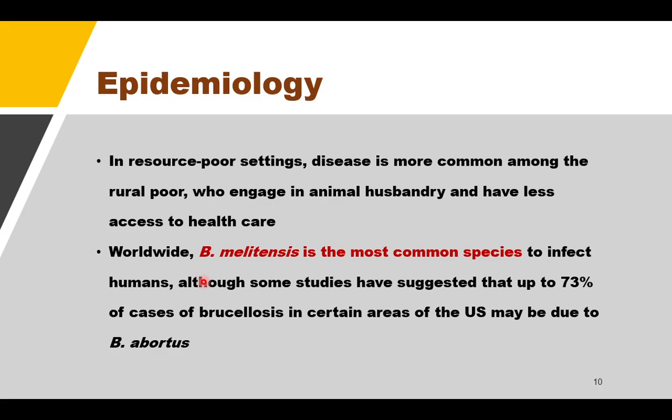In resource-poor settings, the disease is common among the rural poor for a lot of reasons. The rural poor are the ones likely to have intense interaction between livestock and humans. They are likely going to keep them as domestic livestock, so the animals are always present in their living apartments, which may be huts.